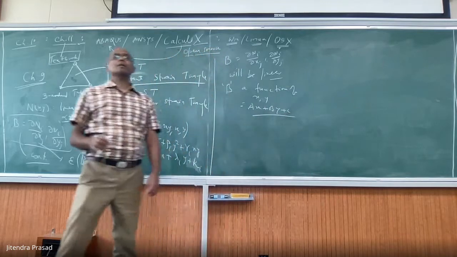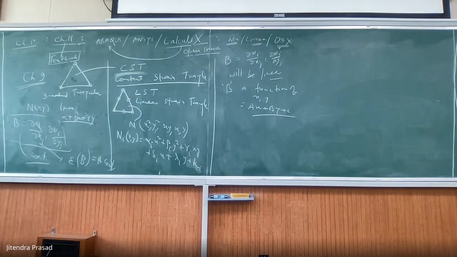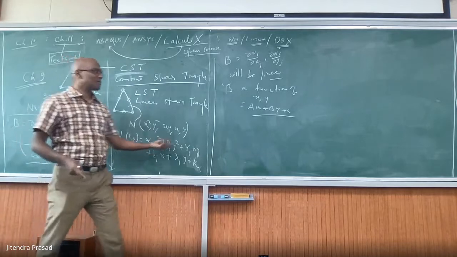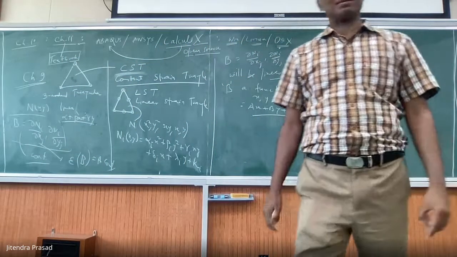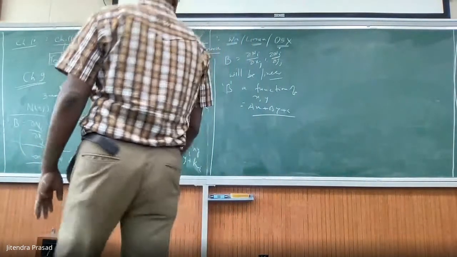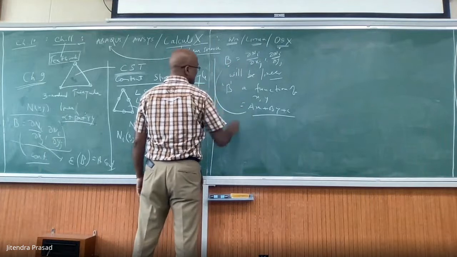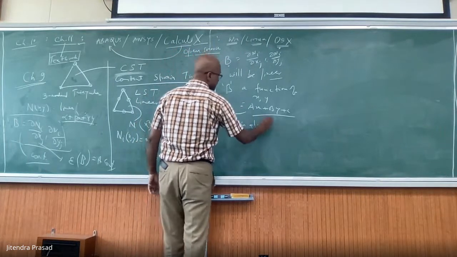You get this form automatically, because B is the derivative of N. So this is linear. And since B is linear, the strain is also linear.